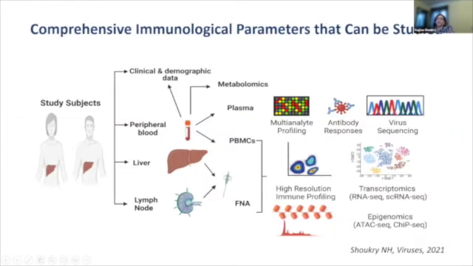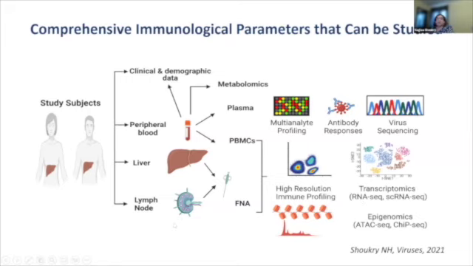There are many things that we can look at. We can look in the plasma for metabolomics and multi-analyte profiling. We definitely can look at antibody responses, neutralization, and virus sequencing. Again, fine needle aspirates from the liver and lymph nodes can be used to characterize the immune response, or more complex omics assays like single-cell RNA-seq, ATAC-seq, or others.